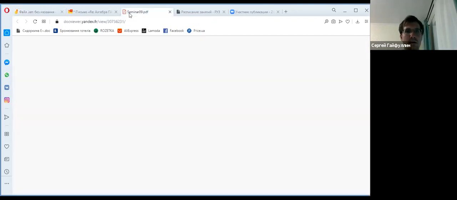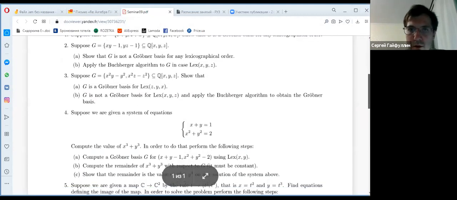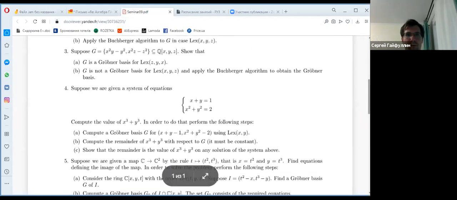Okay, and we would like to compute the value of x cubed plus y cubed. In order to do that, we proceed with the following steps. First of all, we compute the Gröbner basis for these two polynomials.